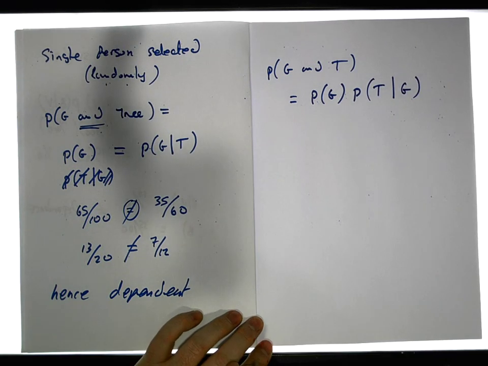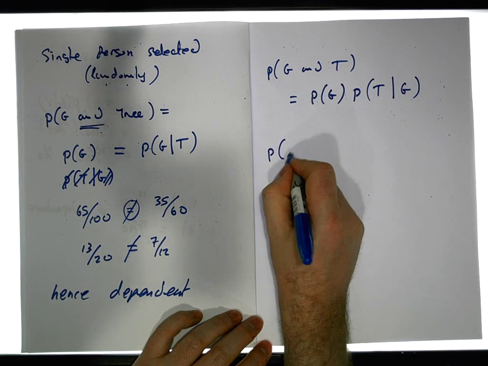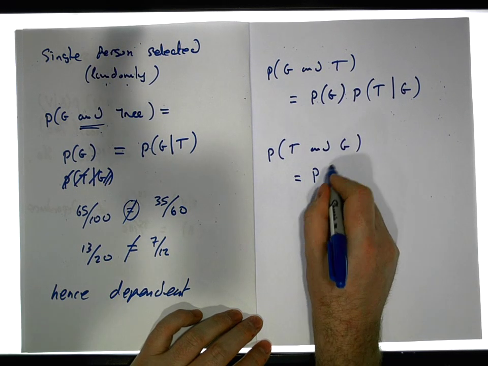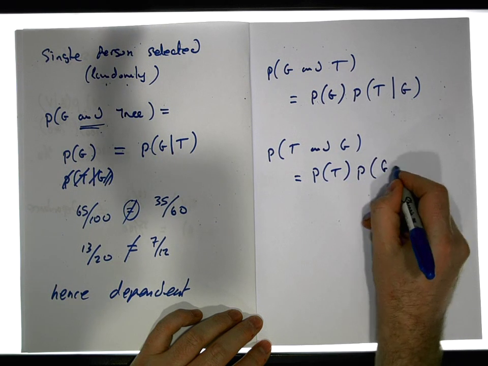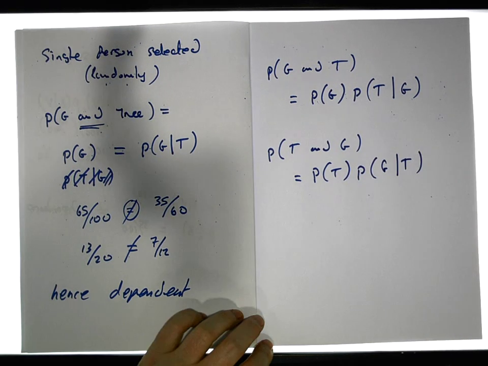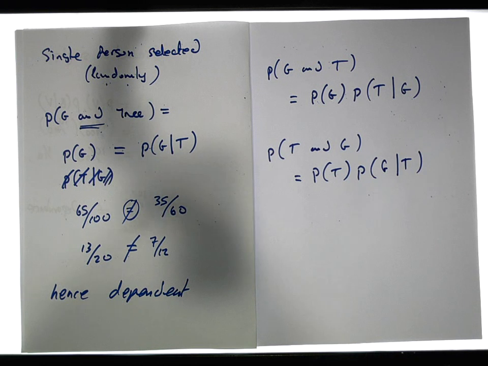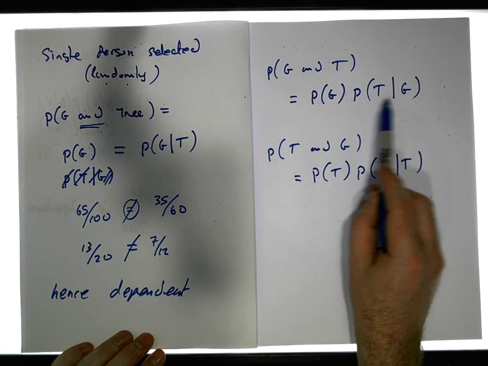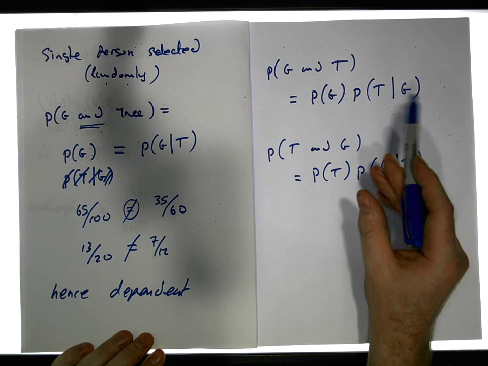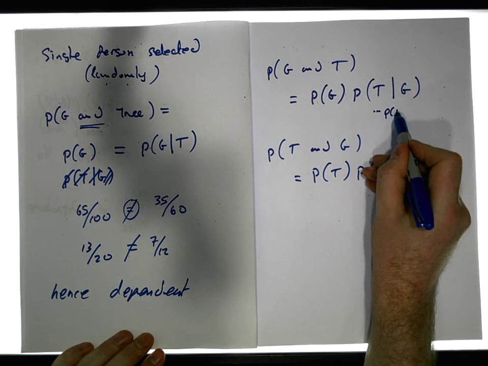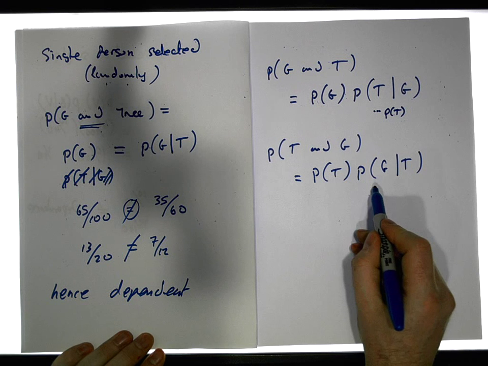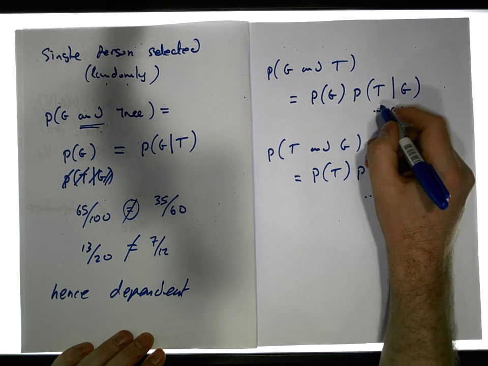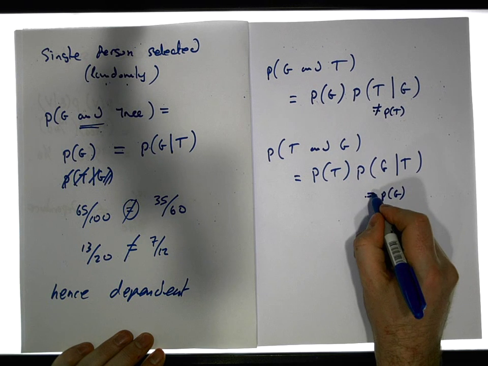If you want to do it that way, or you could look at the probability that they're a 3 customer and a go customer is the same, their probability that they're a 3 customer times the probability that they're a go customer, knowing that they're a 3 customer. So these things are exactly the same. The point being that if they're independent, this just calculates down to be the probability of t. If they're independent here, this bit here calculates to the probability of g. But we know that that's not the case. They're not equal to each other there.